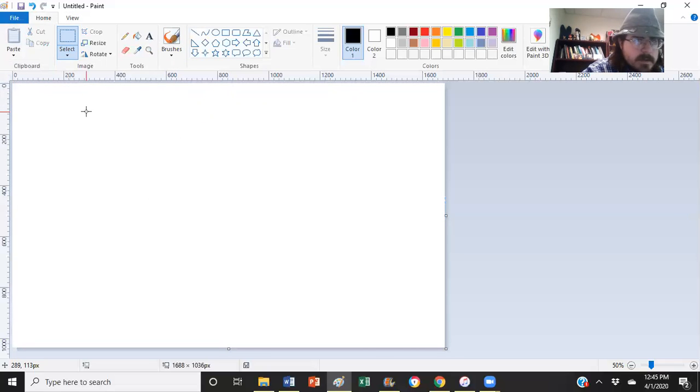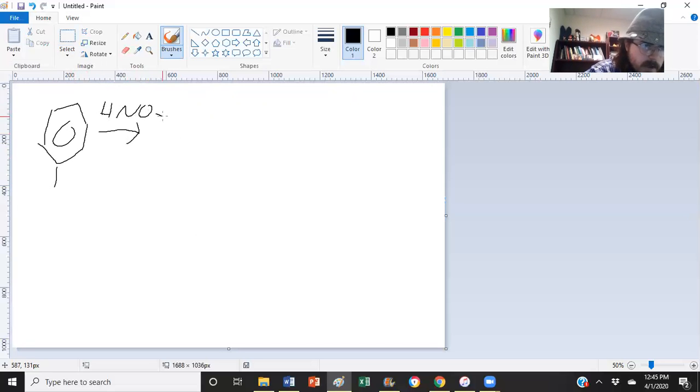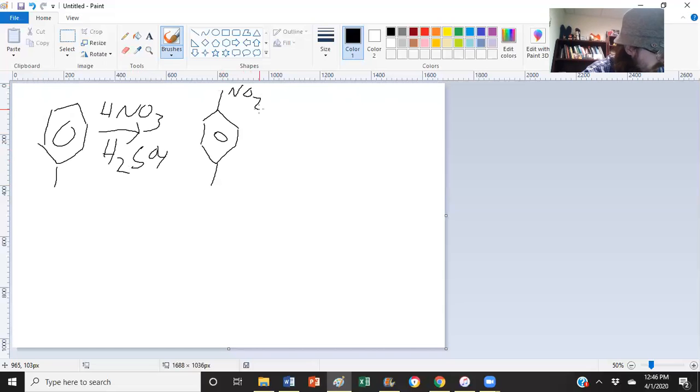So, an example of what you might have to do to prepare this. Let's start with toluene. Toluene is a methylbenzene. Well, if I add nitric acid in the presence of sulfuric acid, this is a nitration. NO2. I'm going to add this probably para to the methyl group.